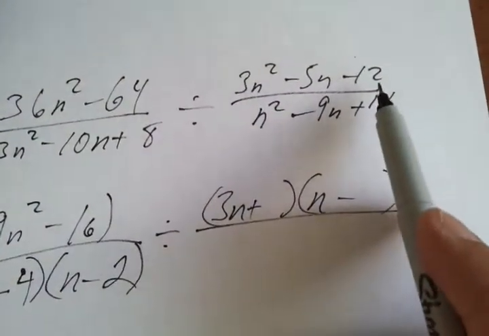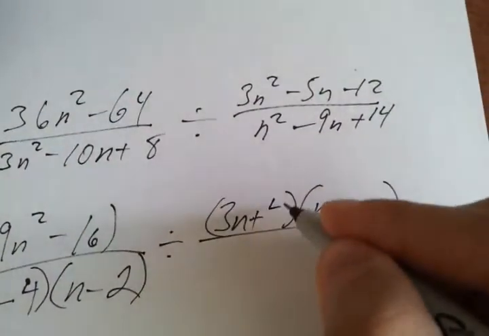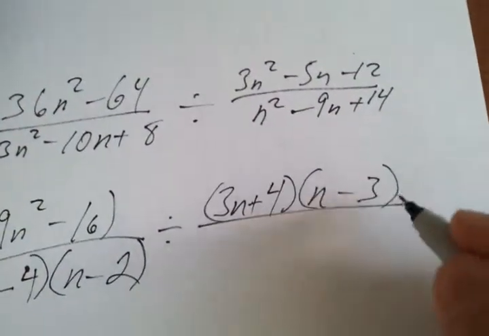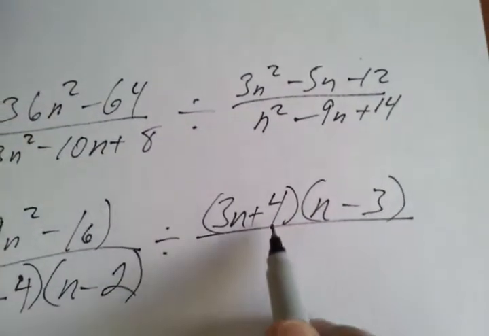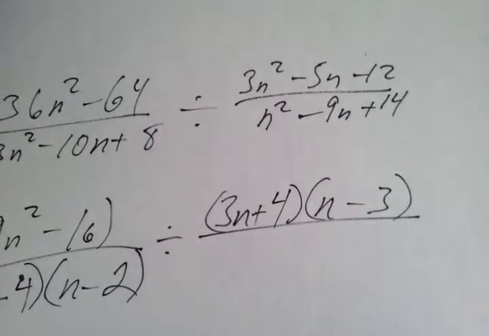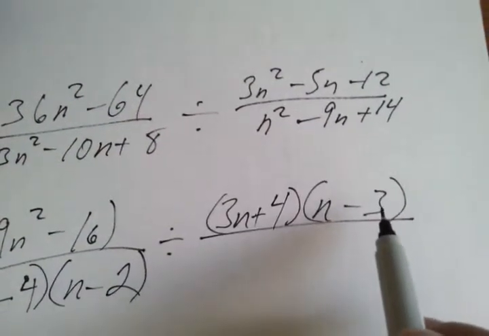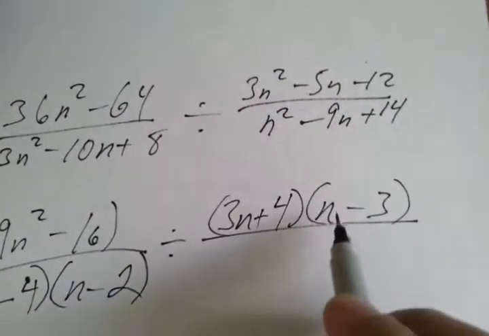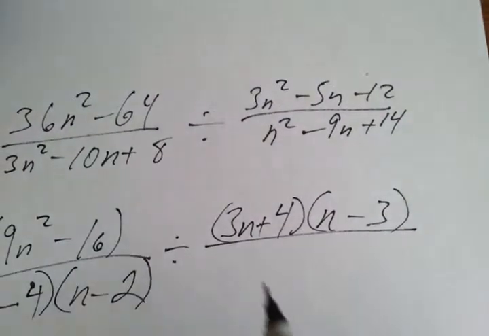Well, what are two factors that multiply to give you negative 12? Positive 4 and negative 3. Now we can do our outer, inner check to make sure we got it right. 3 times negative 3 is negative 9. Negative 9 plus 4 is negative 5. So we have it right.